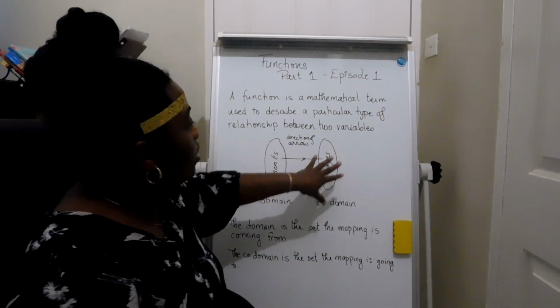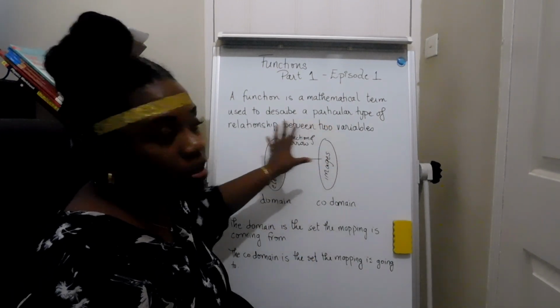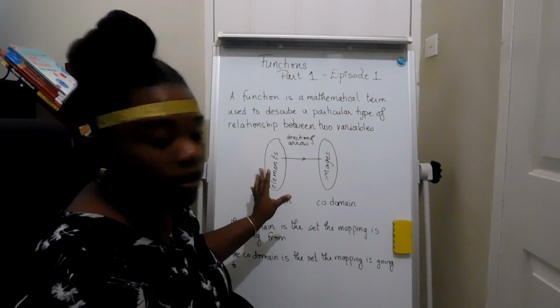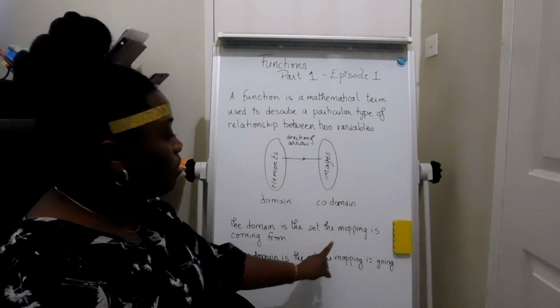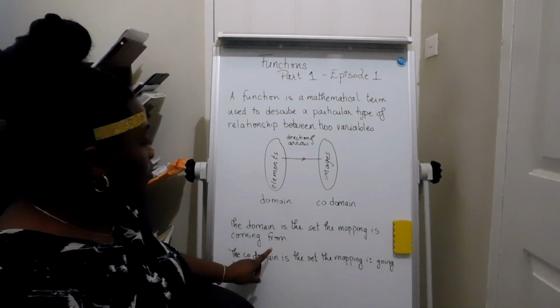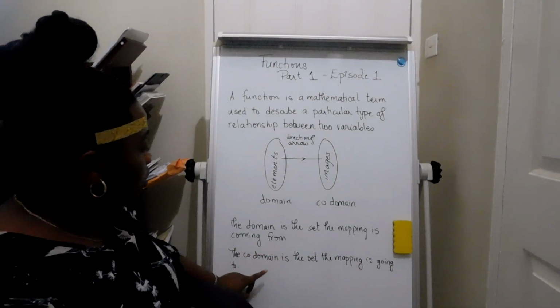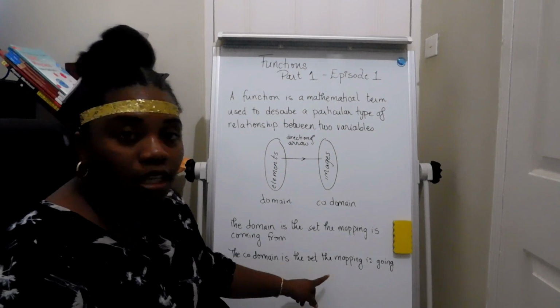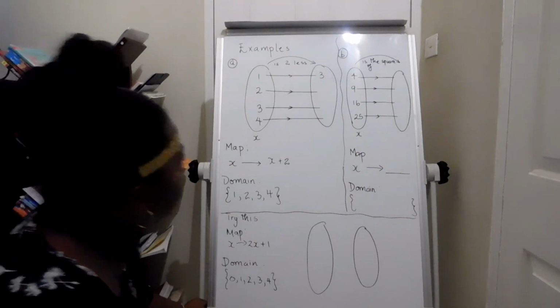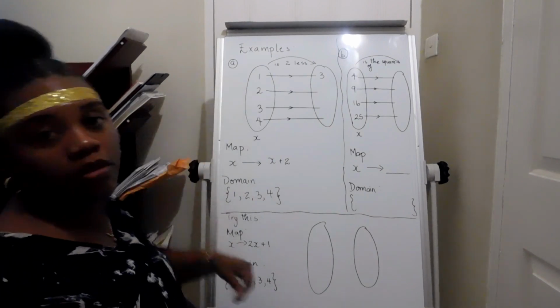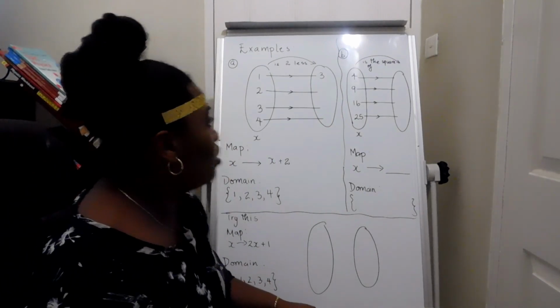So this is how they are represented pictorially. The domain is the set the mapping is coming from, and the codomain is the set that the map is going to.